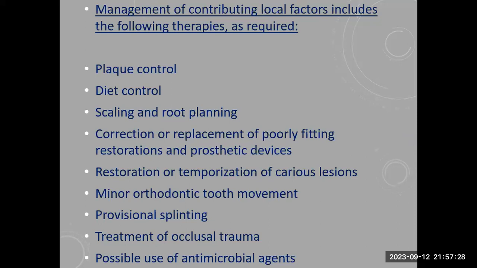If the patient needs any antimicrobial agent or antibiotics, I will give it in phase 1. So these are all points in phase 1 therapy. I'm not saying we will do all of them in phase 1; we may do only some. If the patient comes with a need for correction or replacement of restorations, I'll do it; if they need minor orthodontic treatment, I'll do it. Not every point must be done, but plaque control with diet control with scaling and root planing is a must in phase 1 therapy.